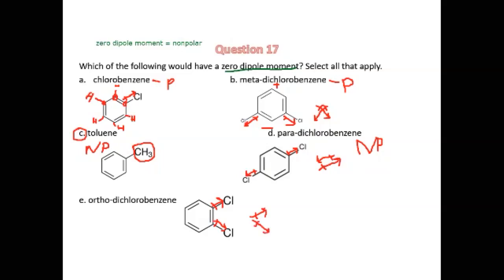So you get a net negative charge on this side and a net positive charge on this side. So this would be a polar molecule. And so the two that would have 0 dipole moments would be C and D, because they're both nonpolar molecules.